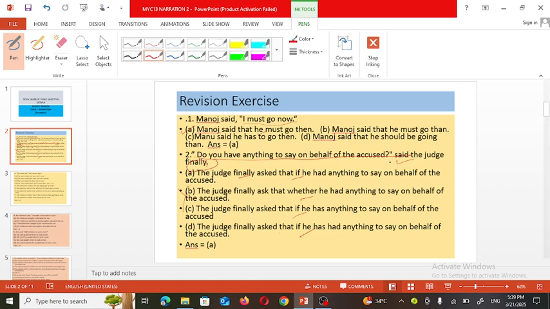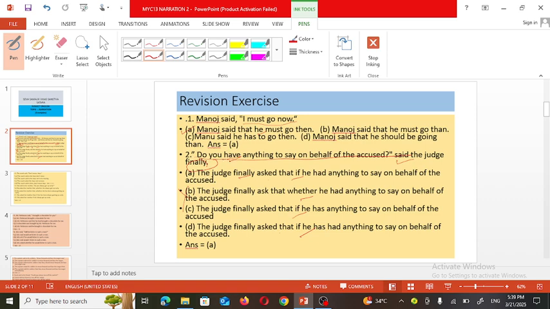After that, the conjunction, as I have told you, can be if or whether, but now let's see the dialogue. "Do you have anything to say?" So this is a question. We can change it into an assertive sentence: you do have anything to say. And now we have to convert the same sentence into the past tense. So you means that person, he had.